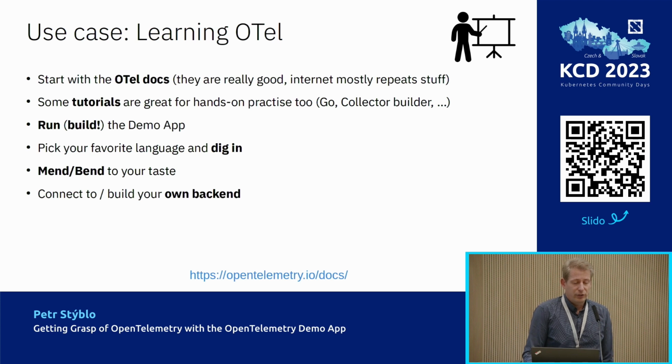The reason why I was using the demo application actually was that I work in technical sales, so I'm representing a vendor here. So I wanted to showcase OpenTelemetry on a vendor backend other than the open source backend. So I had to fork it and adjust it, tweak it, enhance it so that it works fine with my concrete backend.